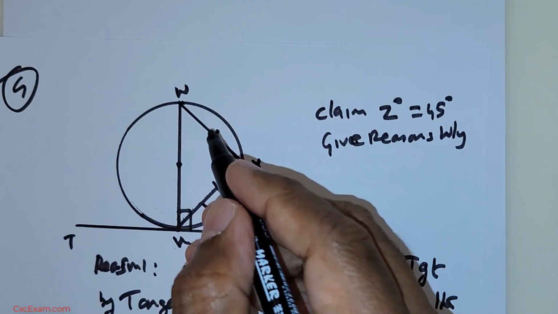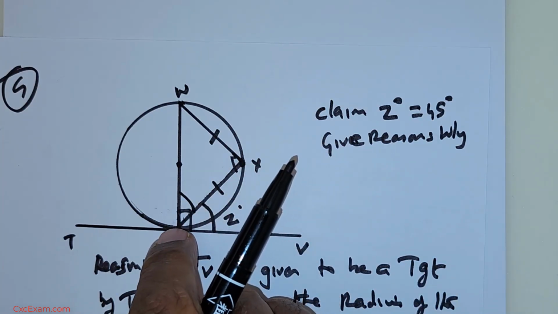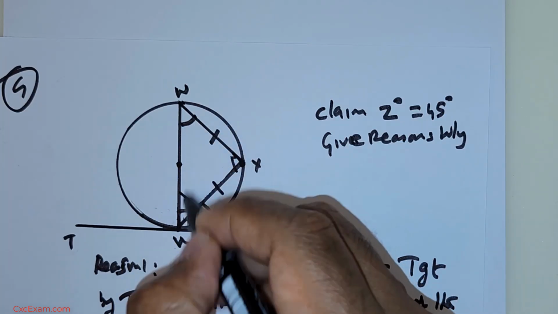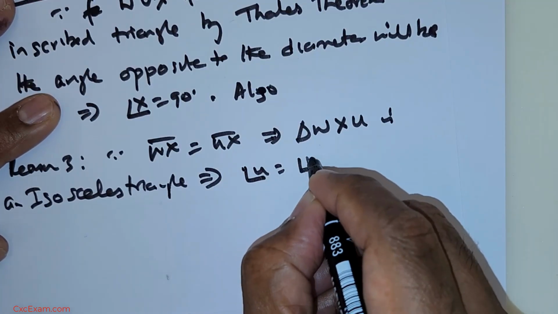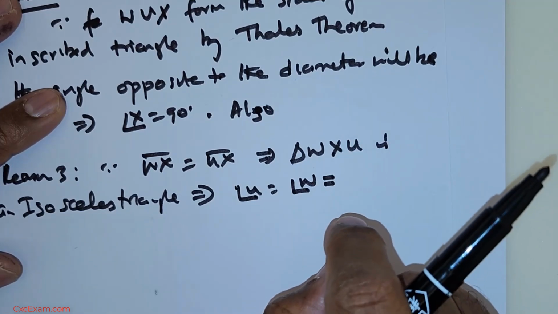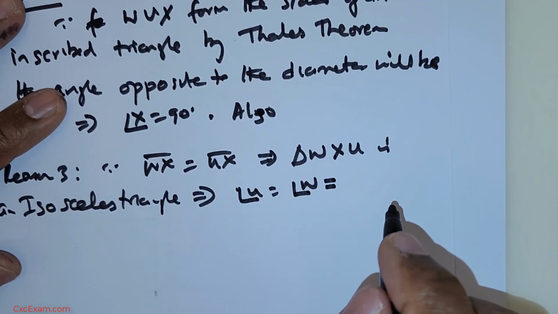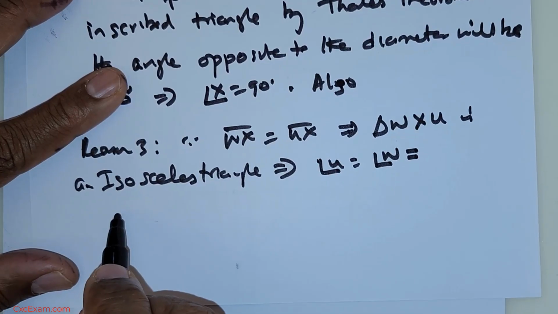This means the angle at U and the angle at W will have to be one and the same. So how do we get that one and the same angle? That has to be calculated.